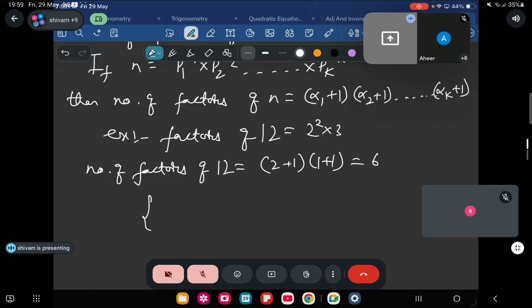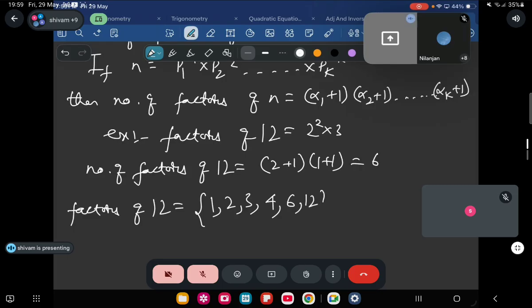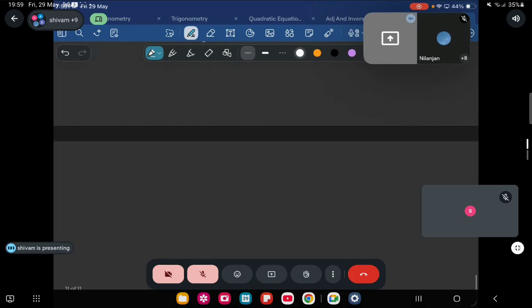Those 6 factors of 12 are 1, 2, 3, then 6. Am I missing anything? Oh wait, 4, I am missing 4. So 1, 2, 3, 4, 6, 12. There are 6 factors. Next, let us see the proof.